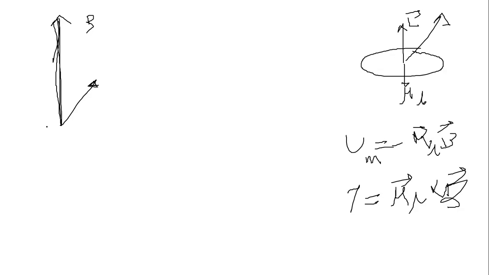So if we consider the plane of the orbit in this direction, but again suppose the plane of the orbit is like this, then it is in another direction. So it depends upon the strength of the magnetic field.